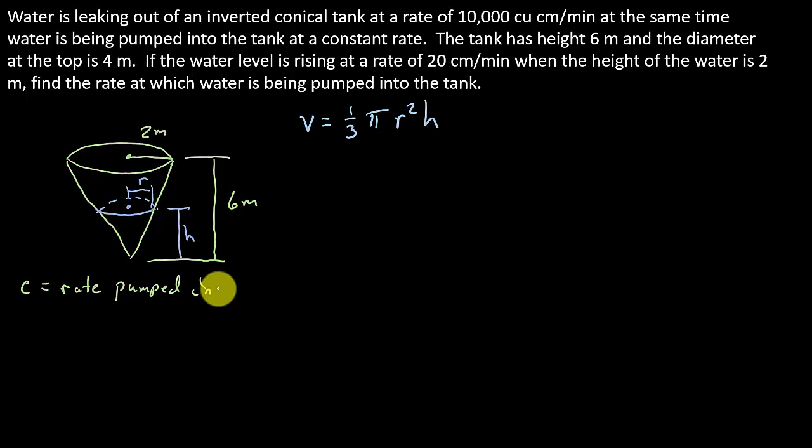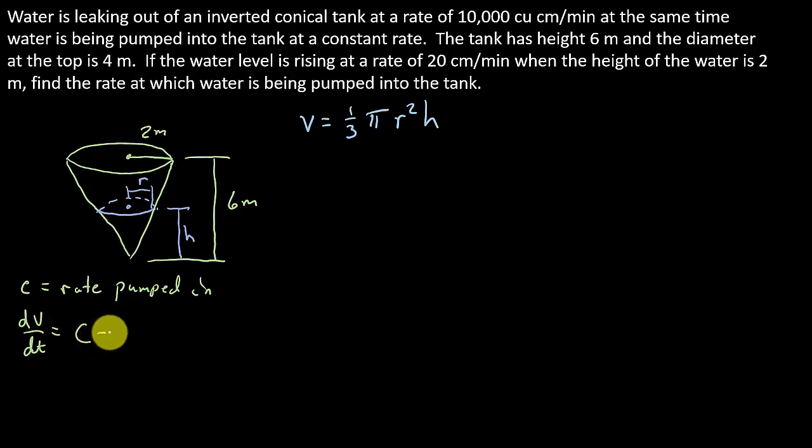We've got to write down all the information they give us, and what they want us to find. Well, we know what they want us to find. That's C. Now on this V, they give us the change in volume, dV/dt.